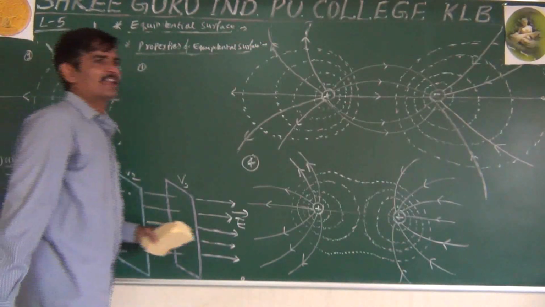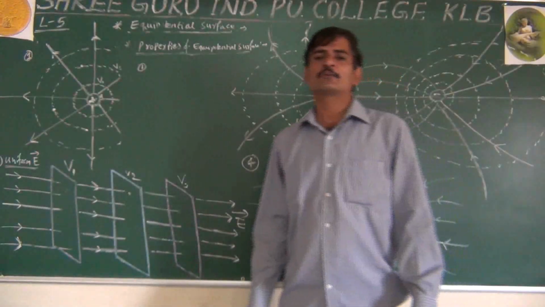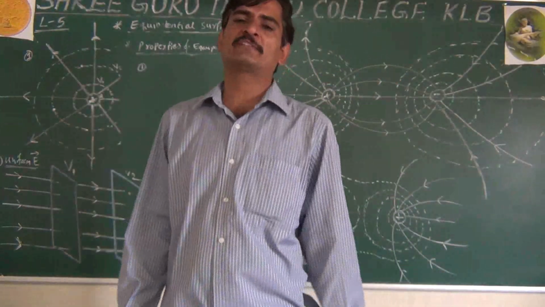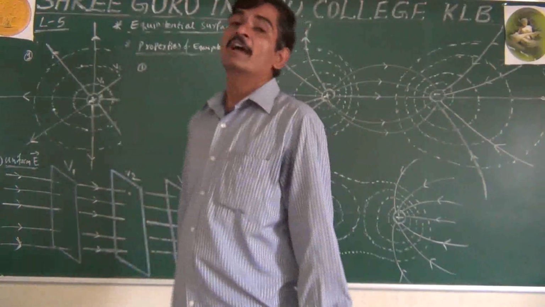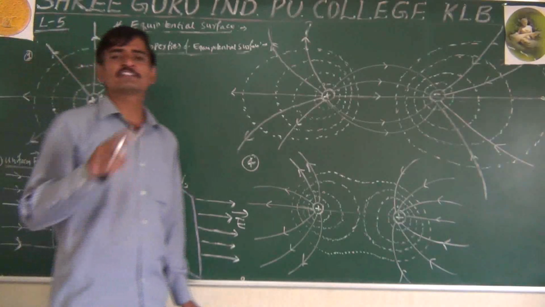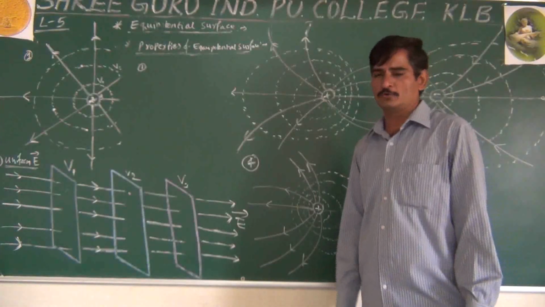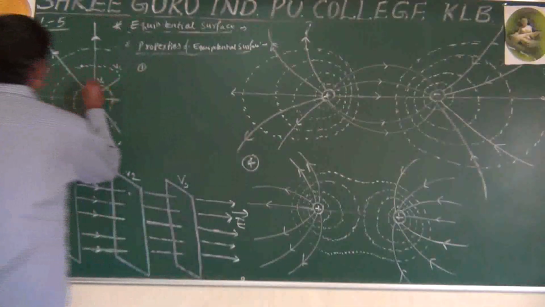First one, electric potential difference. The electric potential difference between the 2 points on an equipotential surface is 0. Why? Because the potential is the same.